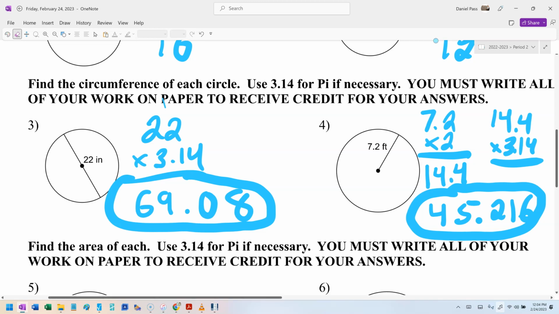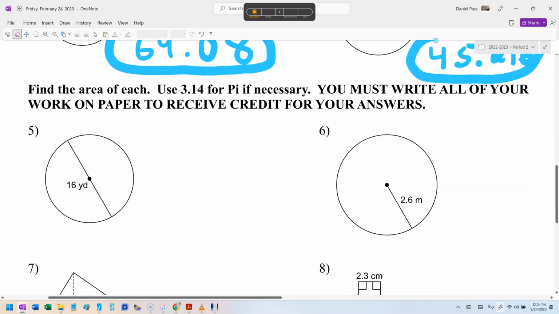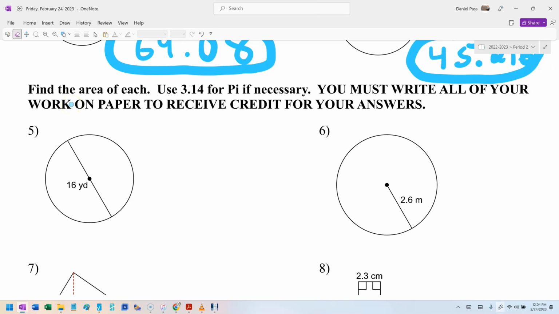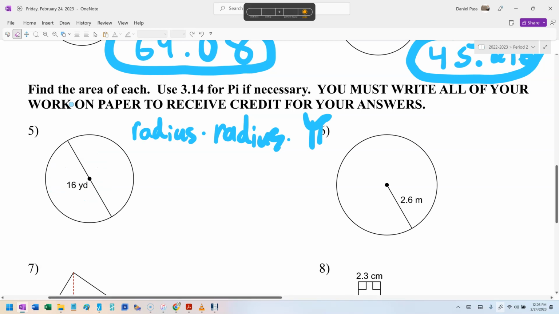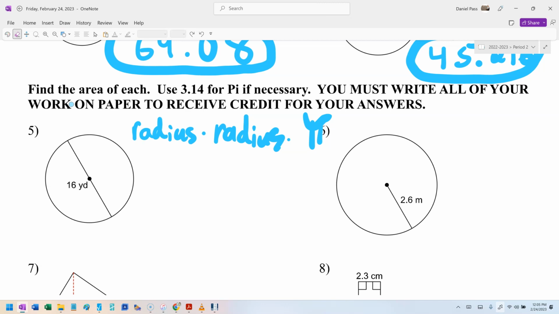Okay, how do we do number 5? They're asking us to find the area, and we know the formula is radius times radius times pi. So did they give us the radius here? No. They tricked us. So what do we need to do to turn it into the radius?